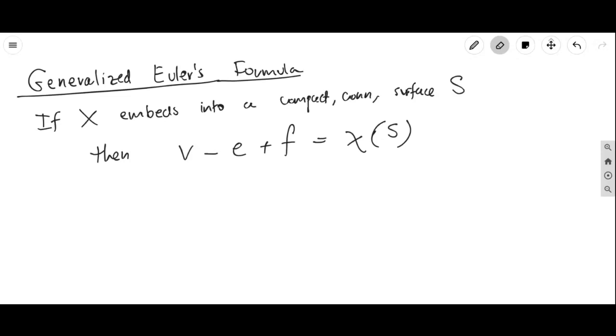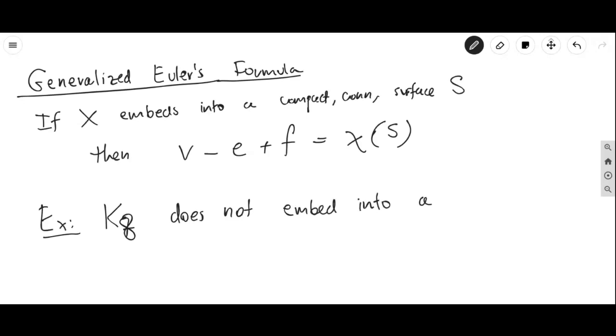So now what I would like to prove to you is that K5 does not embed on, okay, so let me just show you, this is going to be an exercise. So the exercise is to show that K7, actually K8, does not embed into a torus.